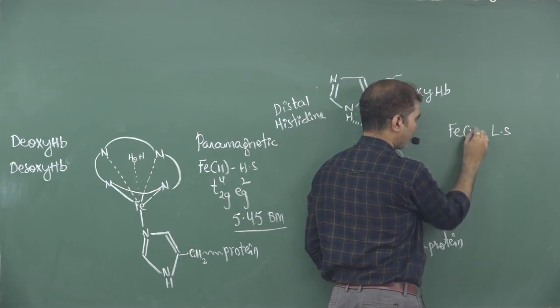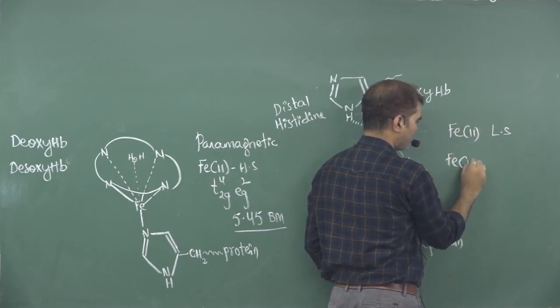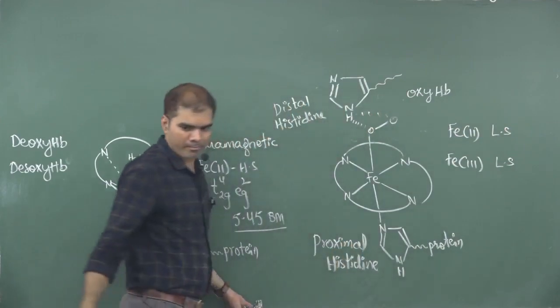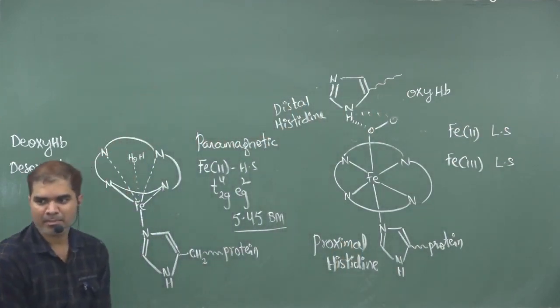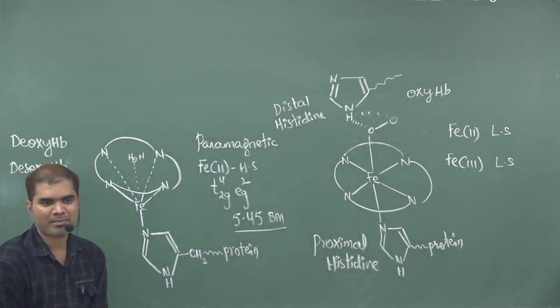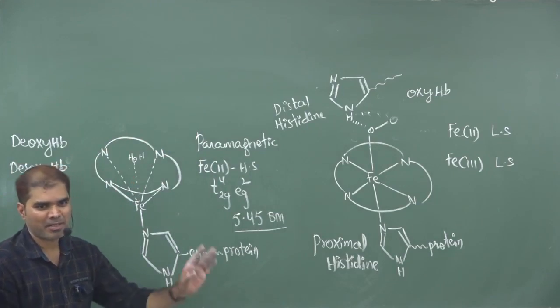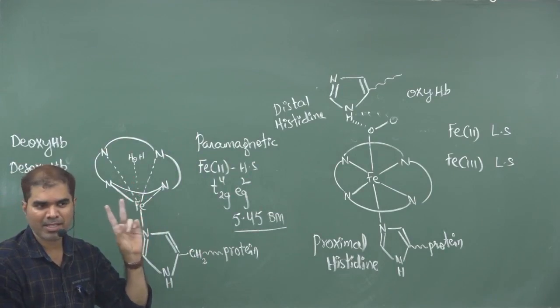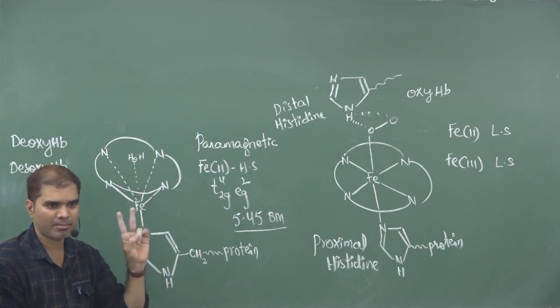Low spin is fine. Some say iron 2, some say iron 3. Which is correct? Iron 2 low spin, iron 3. Now let me conclude. It is iron 3 low spin. In most of the books it is given as iron 2 low spin. In some standard books also you can see iron 2 low spin.